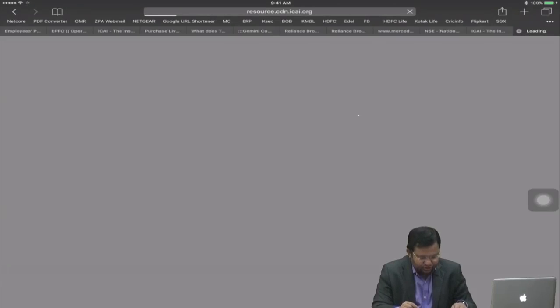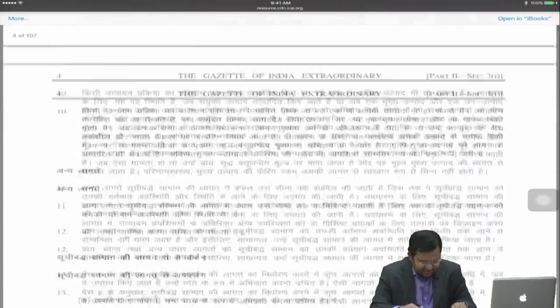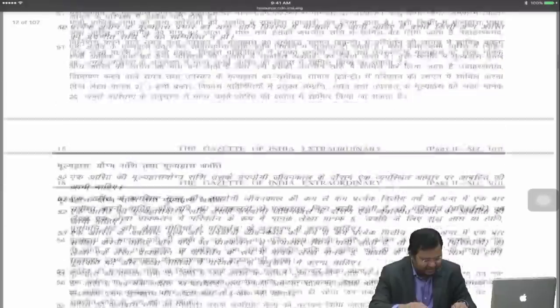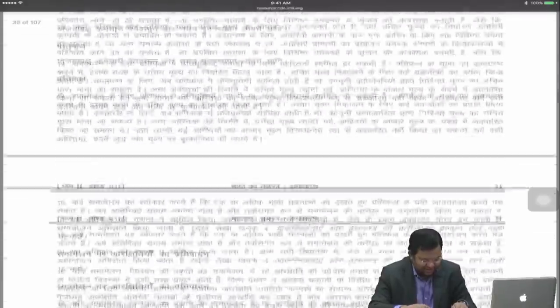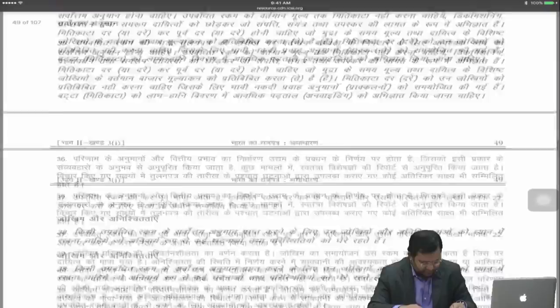Those rules take you to the Ministry of Corporate Affairs website, and they give you basically the Gazette of India. In this, there is a detailed AS10, first in Hindi, and then in English. This is AS10 plus other standards also. Many standards have been amended by the government.